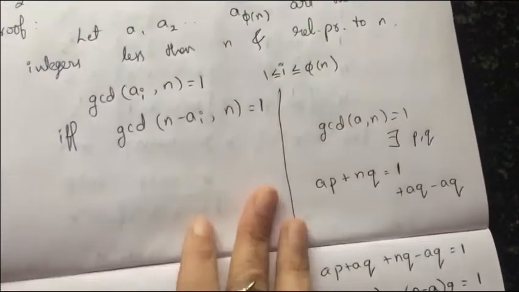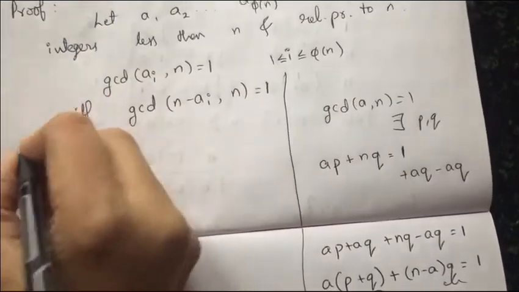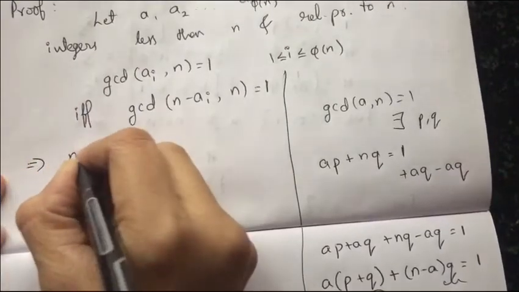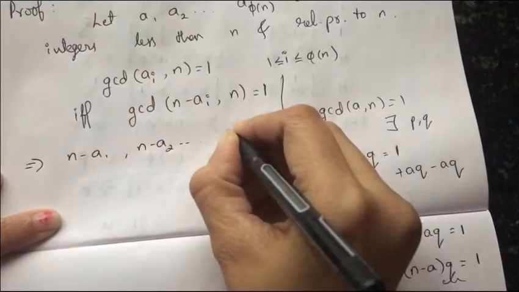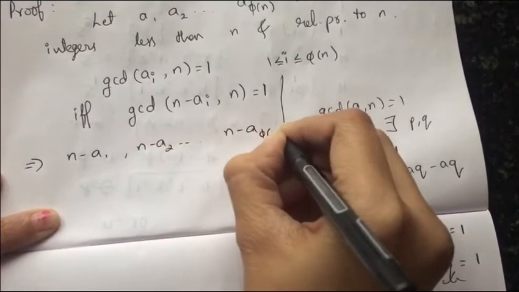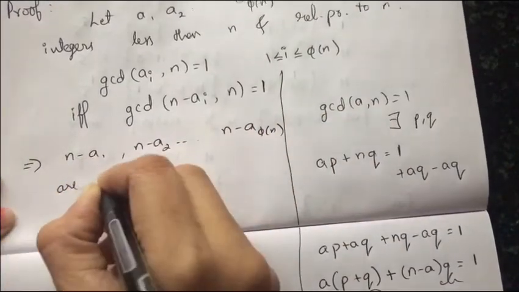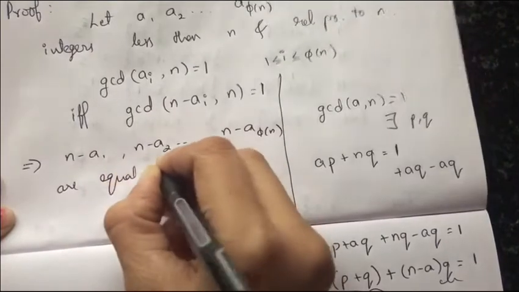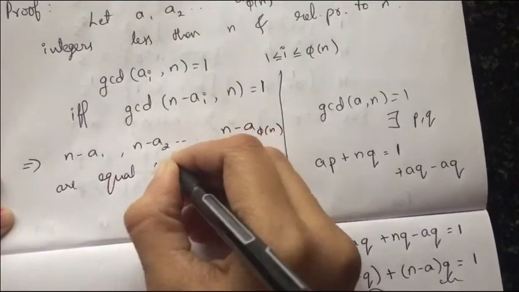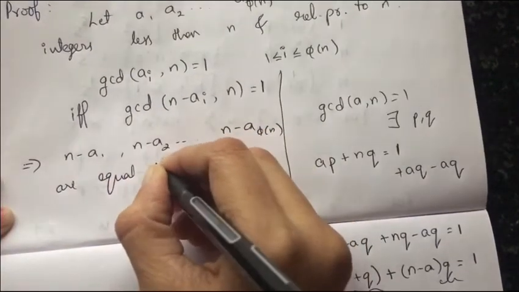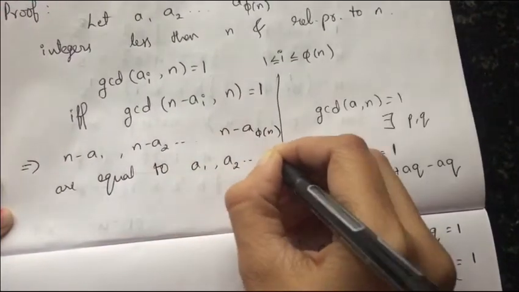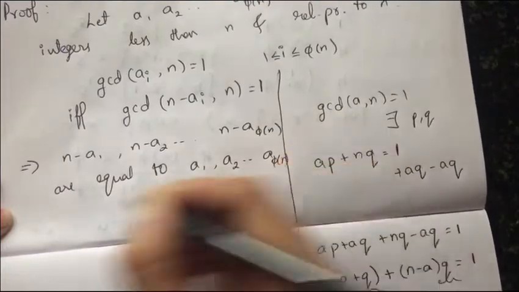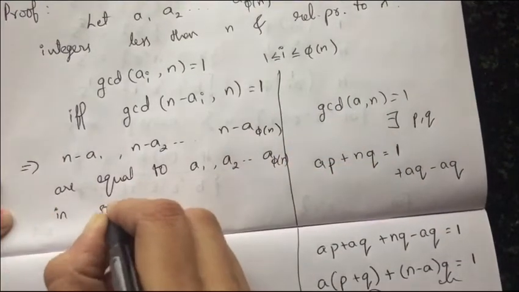This implies n minus a1, n minus a2, up to n minus a phi of n are equal to a1, a2, up to a phi of n in some order.